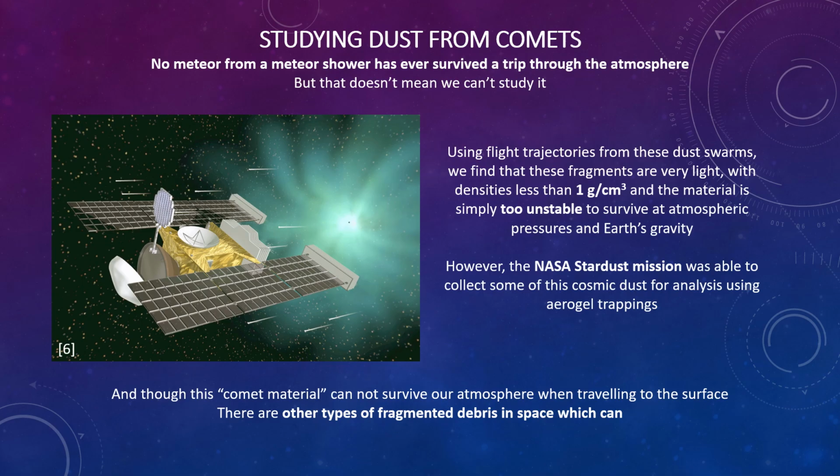And so it's simply too unstable to survive at the atmospheric pressures of Earth and the force of Earth's gravity on it. However, the NASA Stardust mission was able to collect some of this cosmic dust by trapping it in aerogel. Aerogel is a very unique material.